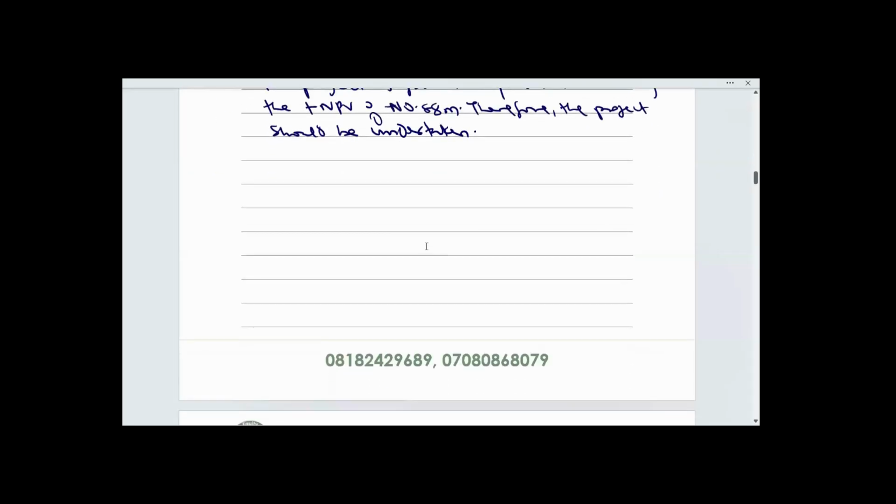Then number C, examiner is asking you to state your assumption. Now, this number C, whether you are told or not, is something you must do. Anytime you have calculated NPV or whatever, you have appraised the project, it's expected that you are going to state your assumption, because there are some cash flows given to you in the question whereby you ignore them.